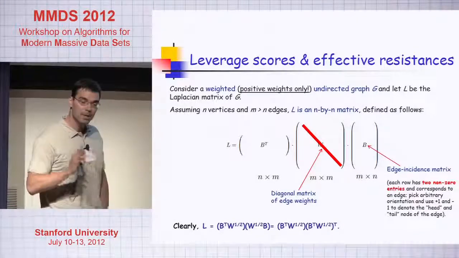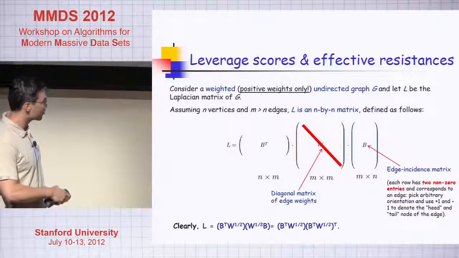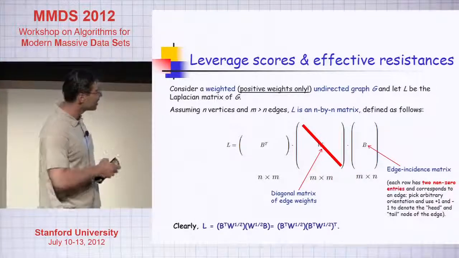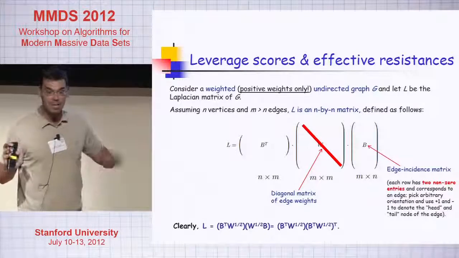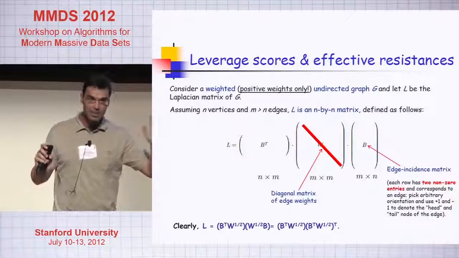B transpose WB corresponds to the Laplacian. It's a symmetric positive semidefinite matrix, so you can write it as B transpose W to the half times B transpose W to the half, transposed. That's L. That's your Laplacian. One thing that I want you to keep in mind is that B is extremely sparse. It has 2 non-zero entries per row, so it has 2M non-zero entries. It's an M by N matrix, but extremely sparse.